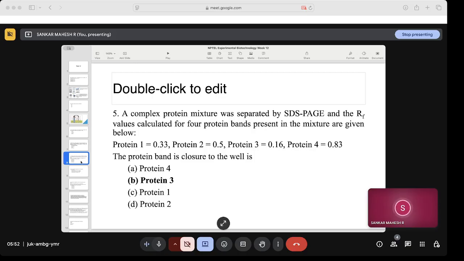So before we go to this, take a couple of minutes, think about what Rf is, how Rf is defined, and based on Rf, try to make on the gel, which band will be on the top, which will be the second top, third top, and the last one. Okay, so take a couple of minutes.